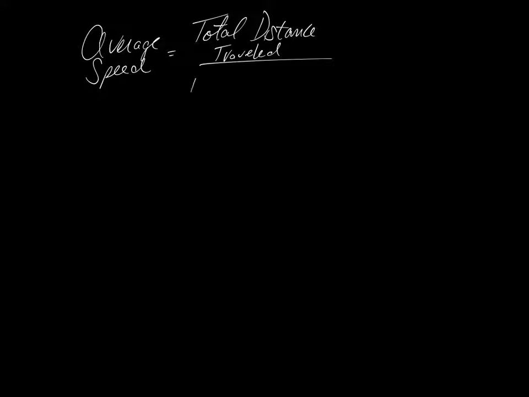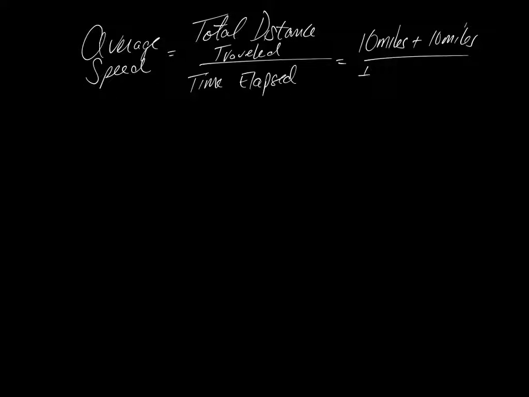And I want to divide that by the time elapsed. Okay, the total distance is going to be 10 miles plus another 10 miles and a third of an hour plus another third of an hour. Okay, and that's going to be 20 miles over 2/3 of an hour.